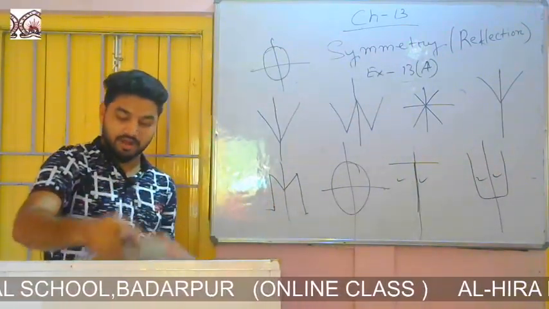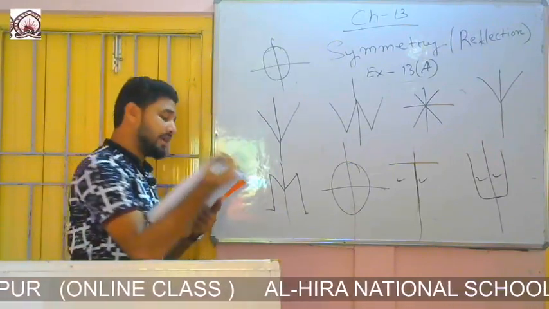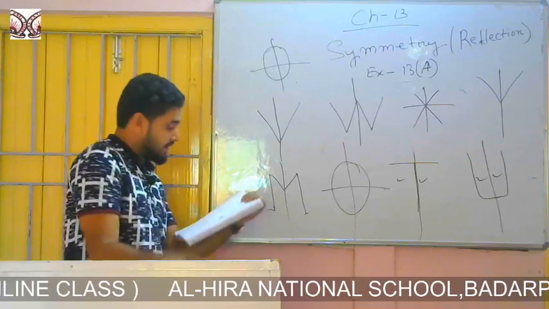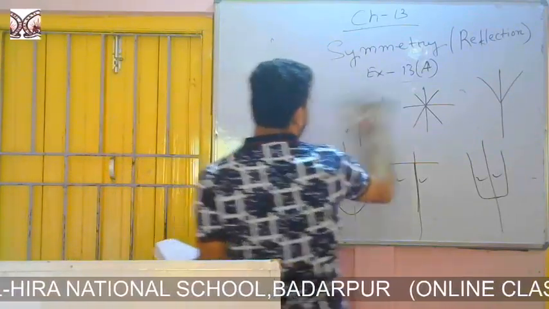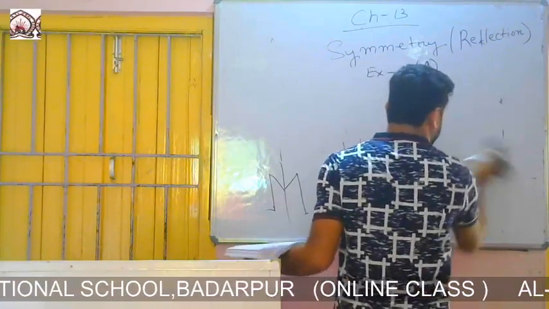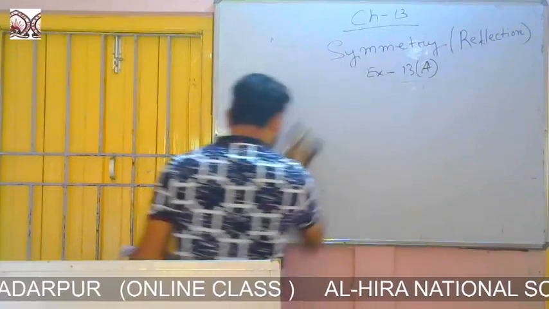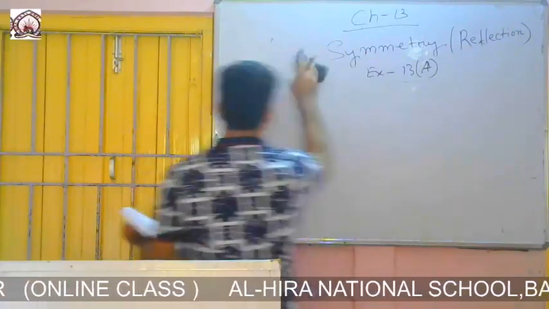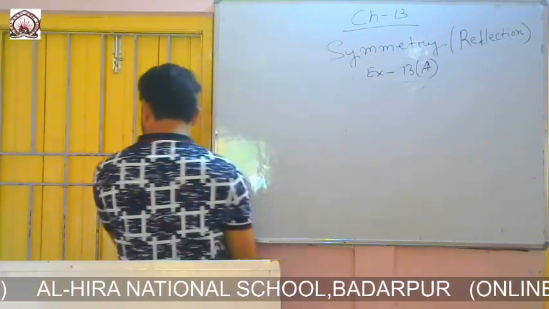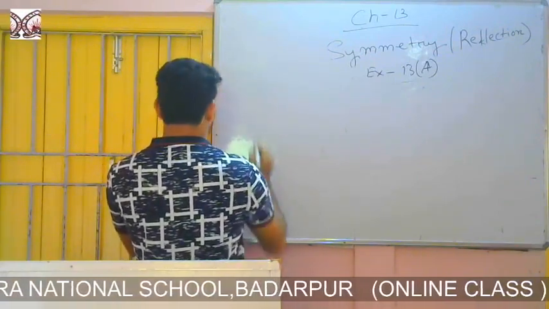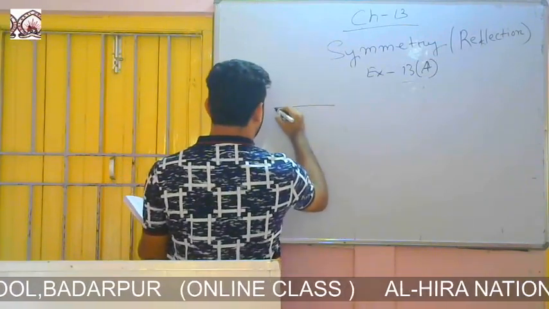Okay, now come to question number 4. Draw the line of symmetry of the following shapes. Again you have to draw the line of symmetry of the following shape. Okay, number 4, you see semicircle.